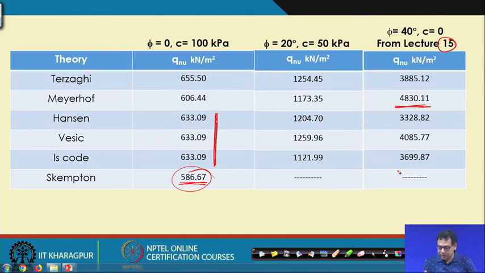So, that is why I can use Terzaghi's theory, because it is simple, but if the loading is inclined, then we can use Meyerhof's theory, because that also predicts values on the slightly lower side. So, depending upon which theories you are using, you have to decide.